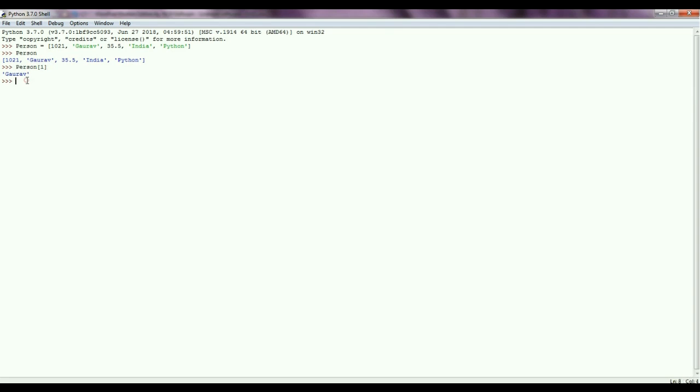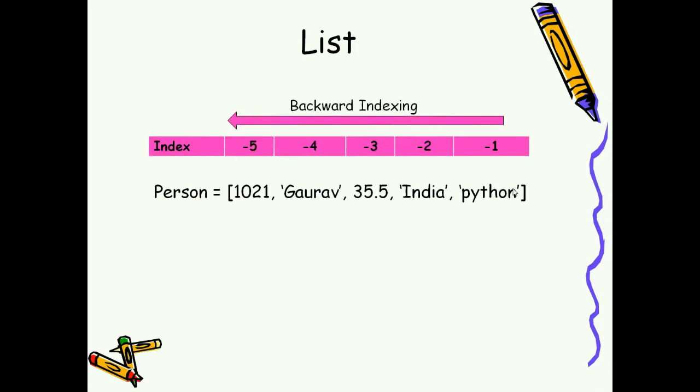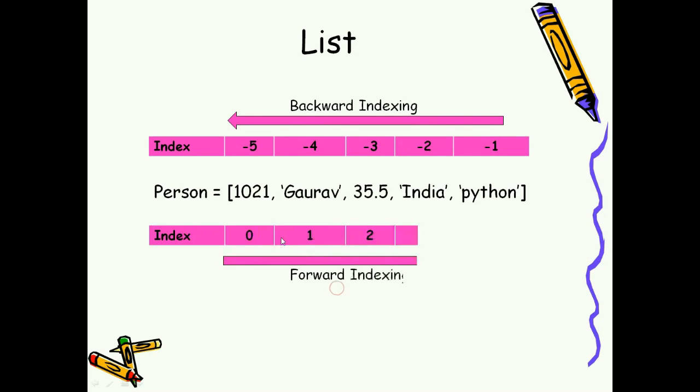Apart from this way, there is another interesting way to access values from the list in Python: you can even use a backward index. The forward index starts from left side to right side, starting from 0, 1, 2, 3 like this, and the backward index starts from right side to left side, starting from -1, -2, -3 and so on.